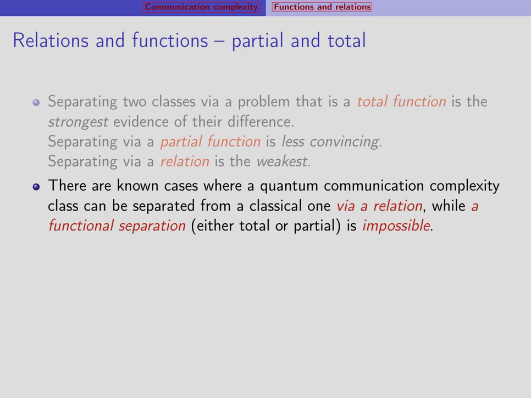So in other words, qualitative superiority of the quantum class can exhibit itself only with respect to a relation, but not with respect to a function.